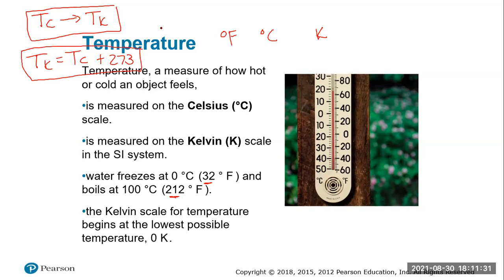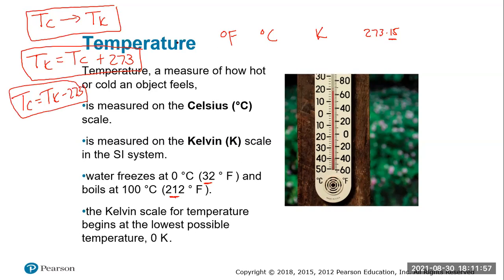The actual correct number is 273.15. So sometimes you'll see this number. Most people round off the 0.15 as it usually does get rounded off. So 273 is really good. Also means that if you have a temperature in Kelvin and want Celsius, the temperature in Celsius would be the temperature in Kelvin minus 273.